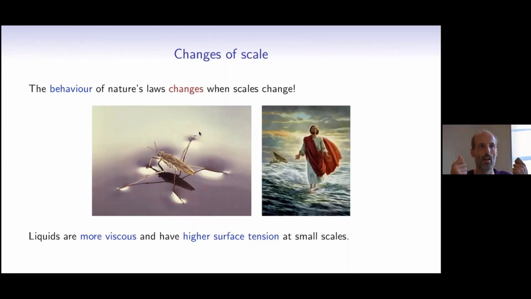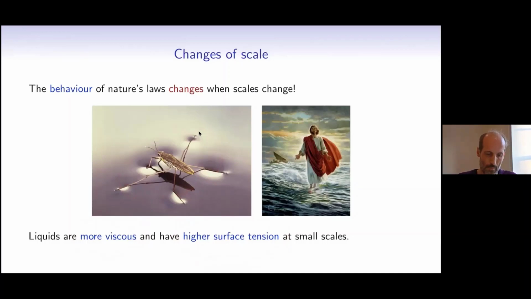And the way they change is that if you go to smaller scales, they appear to be more viscous and to have higher surface tension. Higher viscosity makes water behave more like honey at very small scales. And higher surface tension means that the surface of the water is much more difficult to break through. That's basically why these insects don't sink.